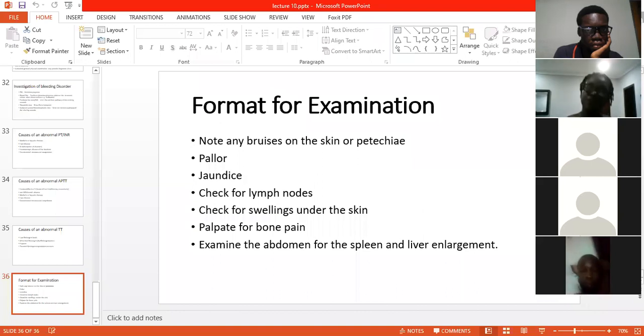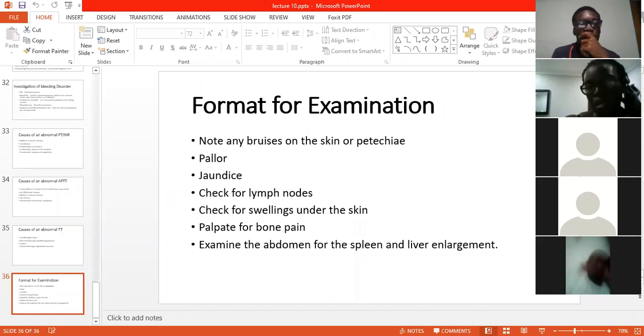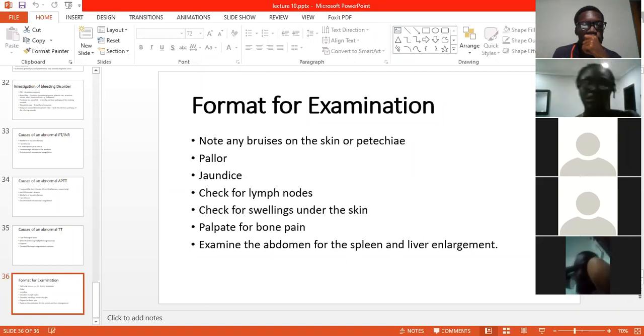So if a patient comes to you complaining of anything that gives you an impression that you might have a problem with the hematological system, these are the steps you need to take for the examination. In fact, the examination of the hematological system is one of the easiest because it doesn't involve auscultation, it's just palpation. And then for the palpation, you are going to specific organs.